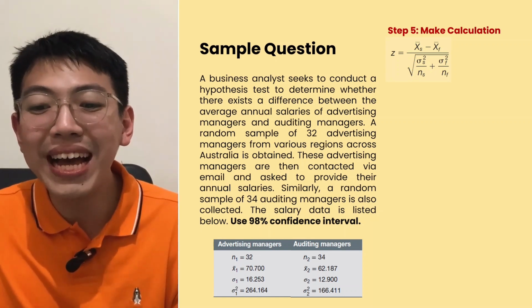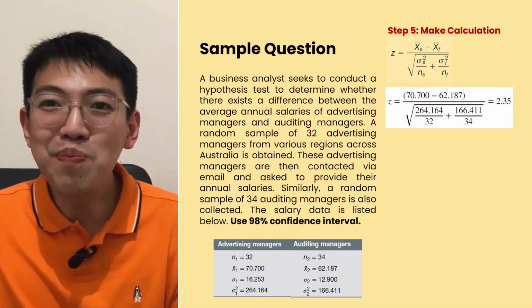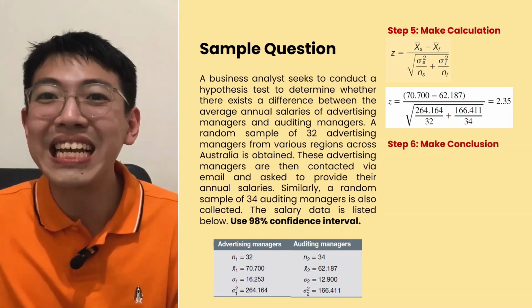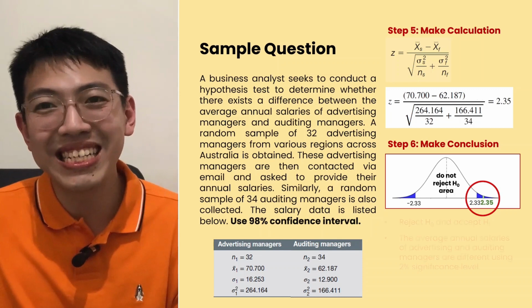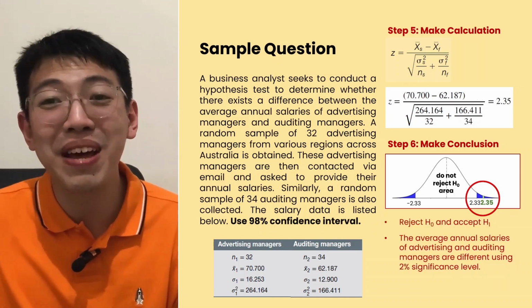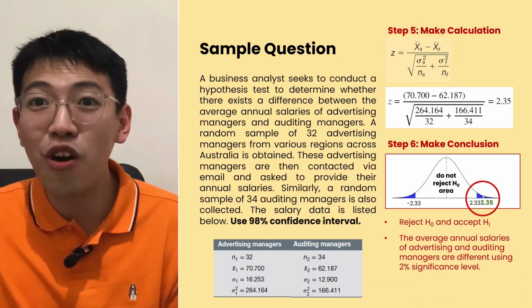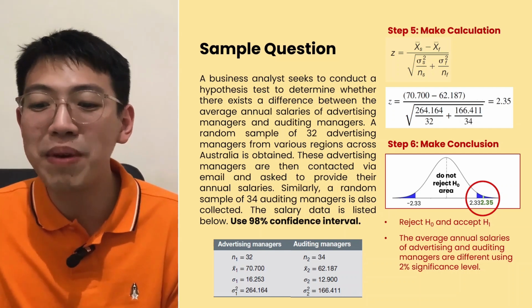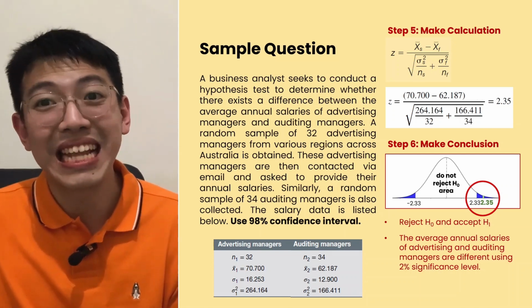Therefore, we can find that the Z will be 2.35. 2.35 falls in the rejection area. Therefore, we should reject H0 and accept H1. We can say that the average annual salary of advertising and auditing managers are different using 2% significance level.